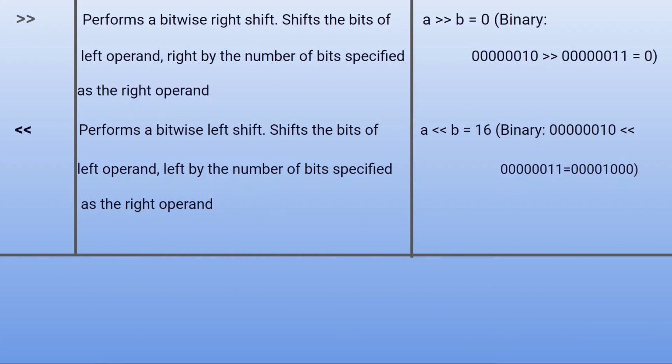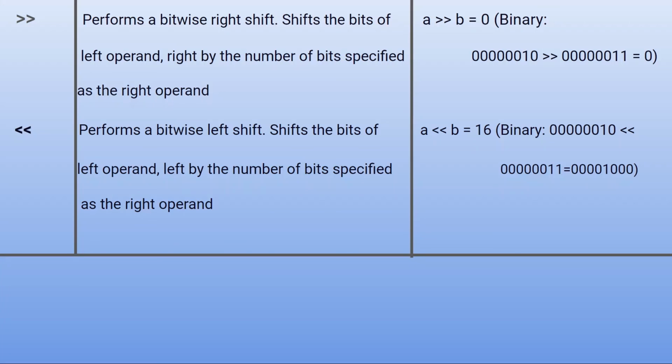Then we have the other signs, like greater than, which performs a bitwise right shift. It shifts the bits of the left operand right by the number of bits specified as the right operand. A right shift B equals 0.